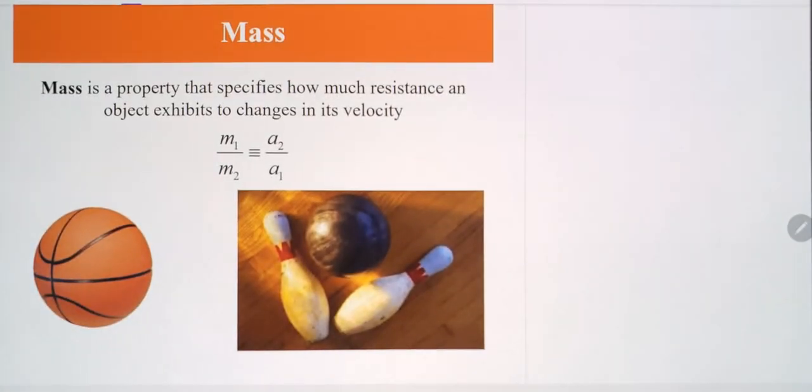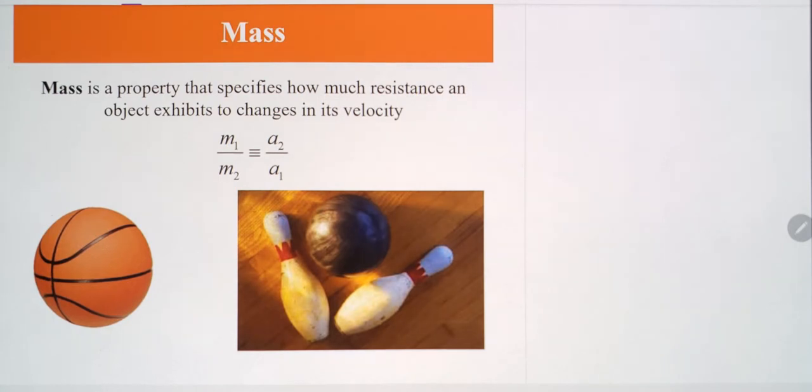Now, to talk about Newton's second law, we need to identify the mass. What do we mean when we say mass? This is one of the concepts that people mix up in real life: mass and weight.